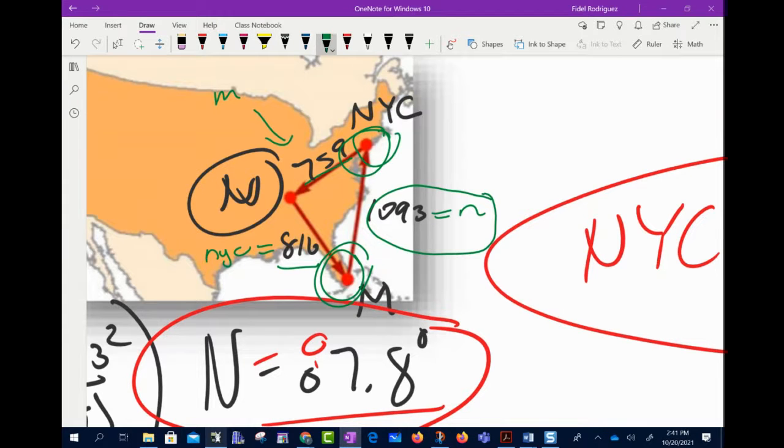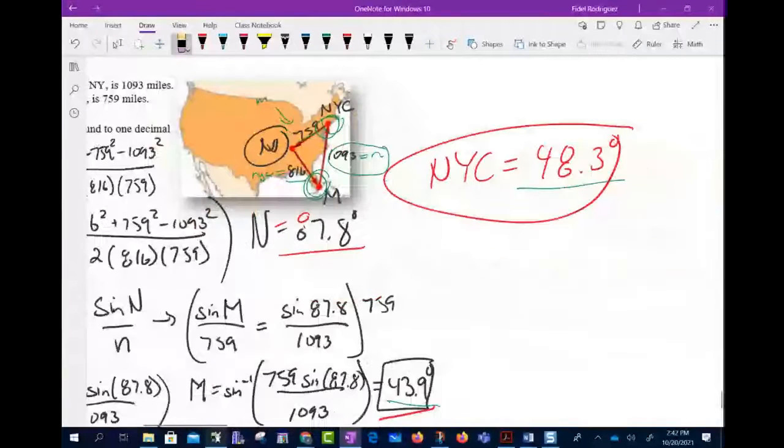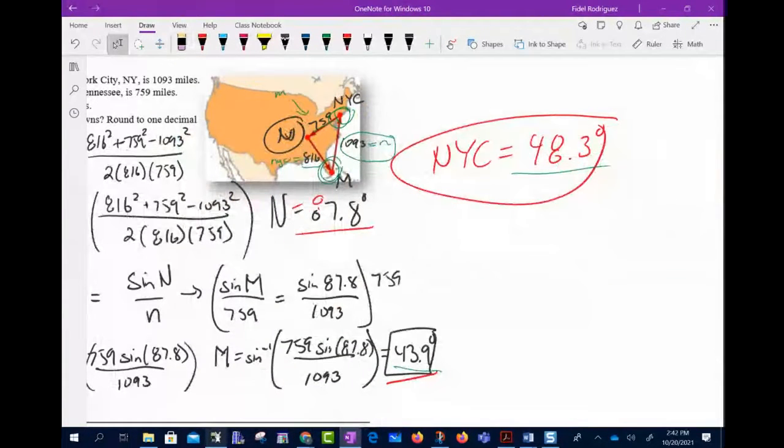I will say they're not, but they're almost the same. And then doesn't this angle right here look almost like a right angle? And a right angle is how much? 90 degrees. And look at what we came up with, 87.8. So the picture is pretty accurate. I know it's not 90 degrees, but the picture is pretty accurate in terms of how they drew it and the angles that we came up with. Just a little observation there.